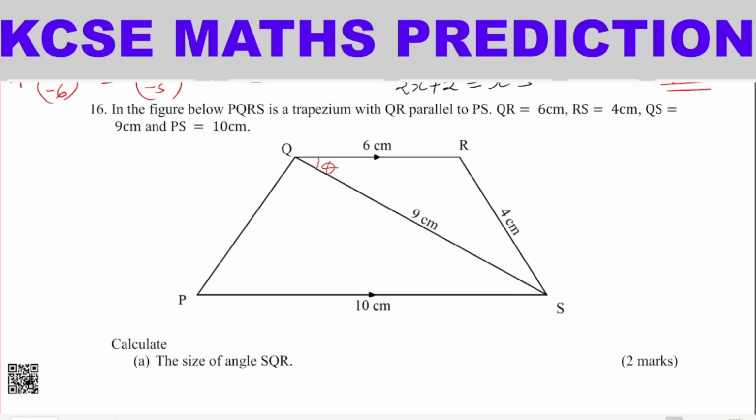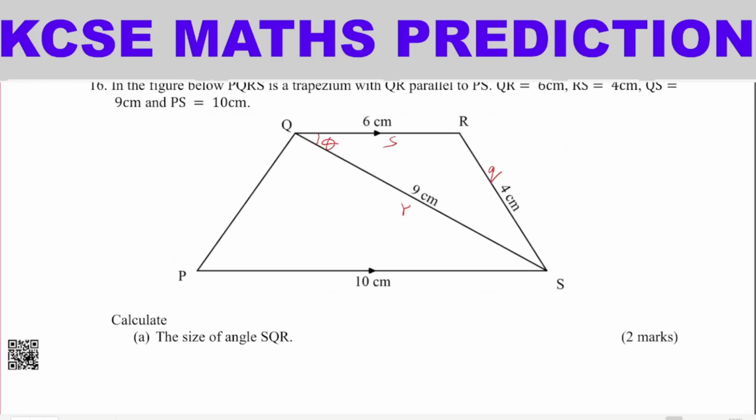So look at that triangle, triangle RQS. So you have all the sides, so it is possible to get that angle using the cosine rule. So let's call this side that is opposite R, small r, side that is opposite S, small s, the side that is opposite Q, small q.